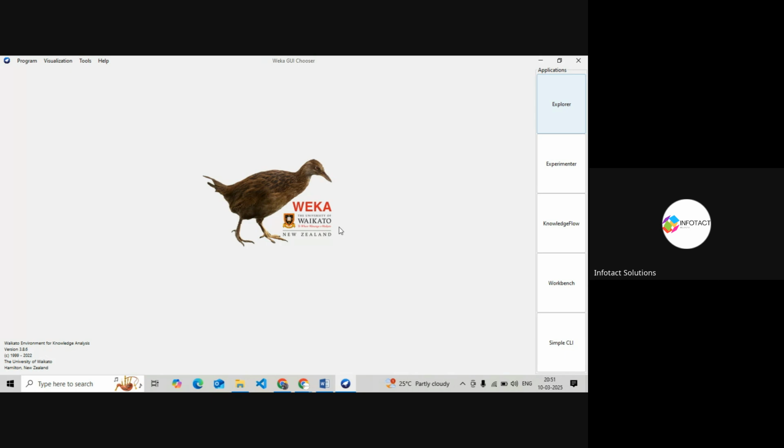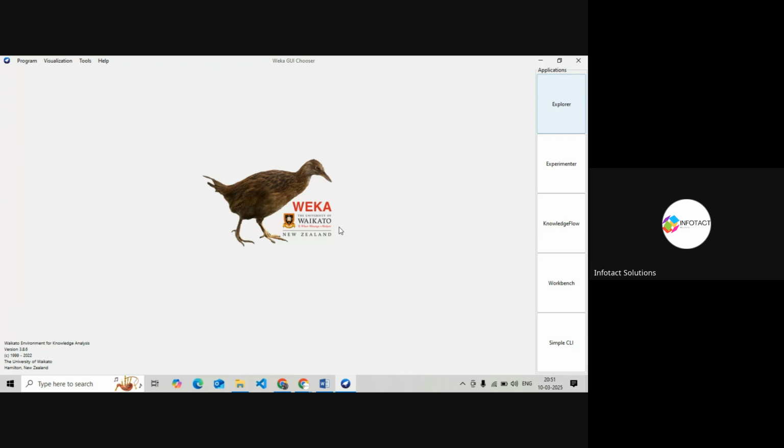Weka can be integrated with other tools, easily implemented with Java, Python, or R for custom machine learning applications. If you want to go with code and extensions, you can use it. It can also easily convert between formats for compatibility.